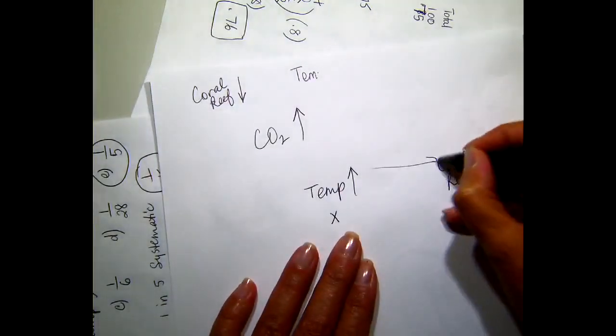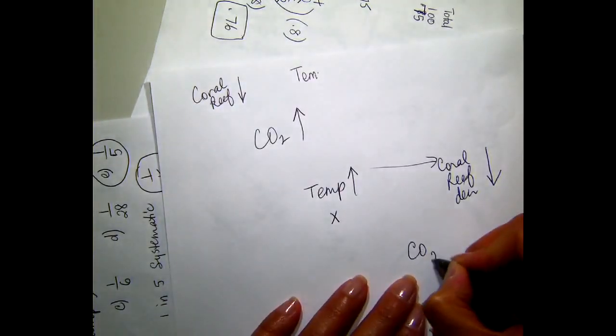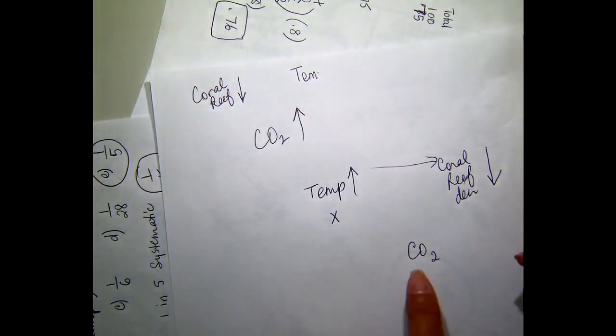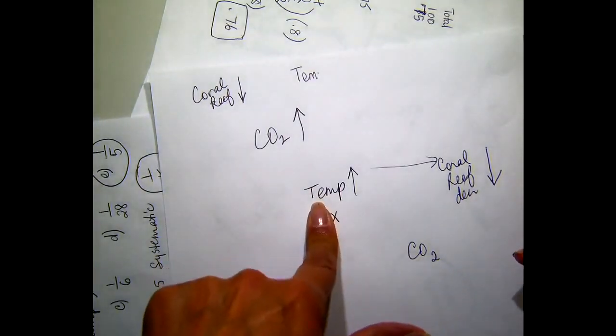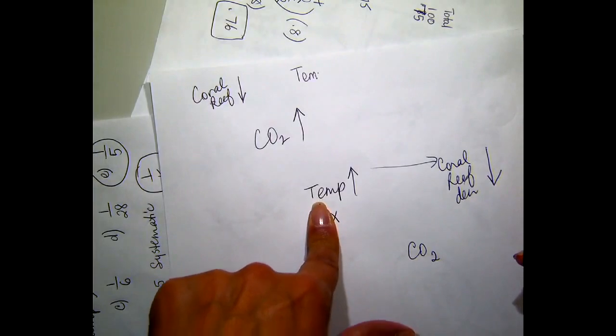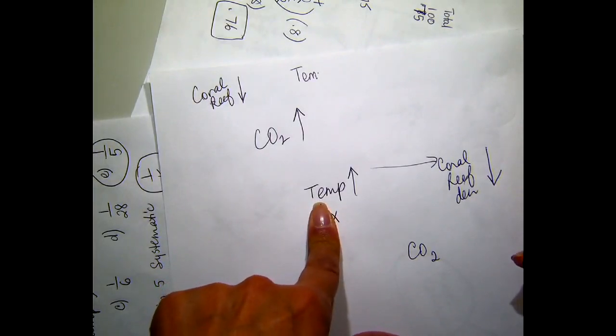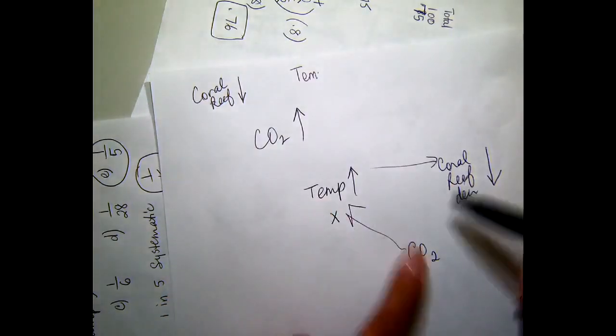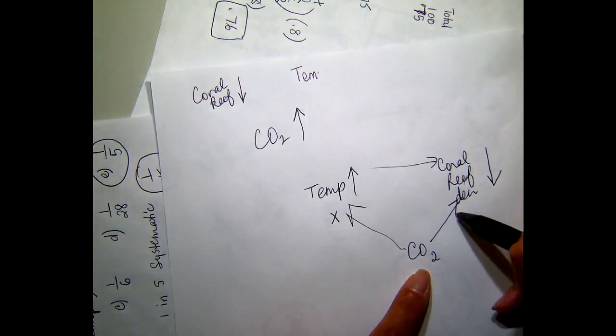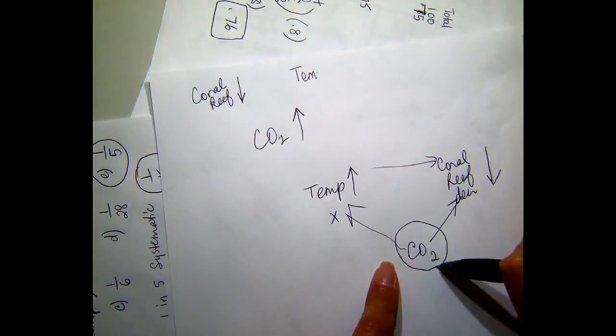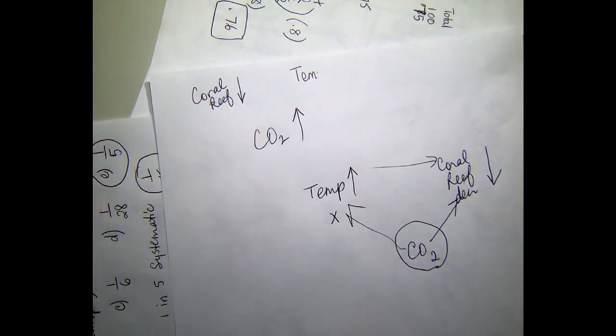Perhaps. And then CO2 levels are the confounder. Does CO2 make temperature go up? I don't know. Yes? Why? How? Okay, so then this would be a confounder. Yes, perhaps. You're right.